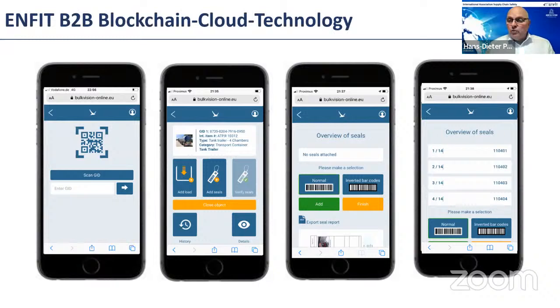Often when you ask the driver, he says, I don't know, maybe 20. Of course, they often change trailers. They are never driving only with the same trailers. That was maybe 20 years ago, but today trucks and trailers change, and all these different types have different numbers of seals.